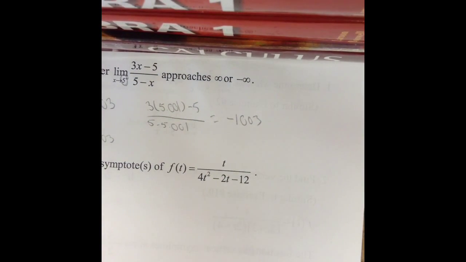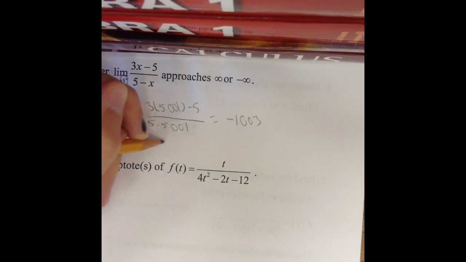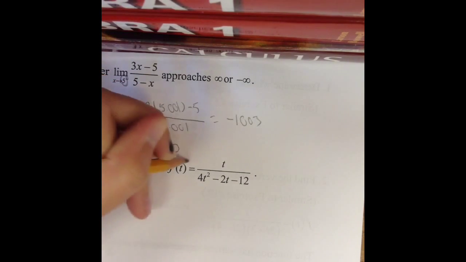And so we can see that as our numbers get continually closer to 5, our numbers are getting smaller and smaller negatively, which means that our limit is approaching negative infinity.